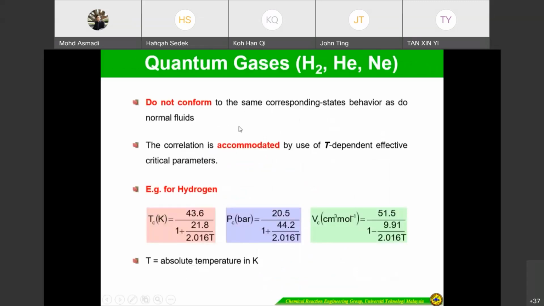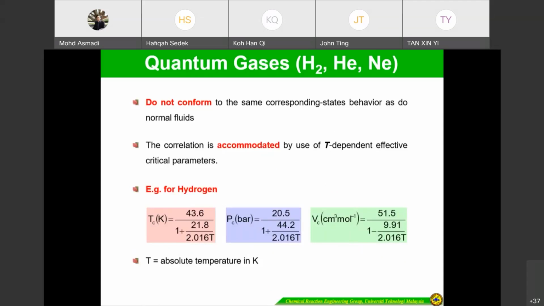So this one, I think, what is the title? Quantum gas, hydrogen and also helium, neon. So generally we have to calculate TC, PC and also VC. This is only applicable for hydrogen, helium, and also neon.